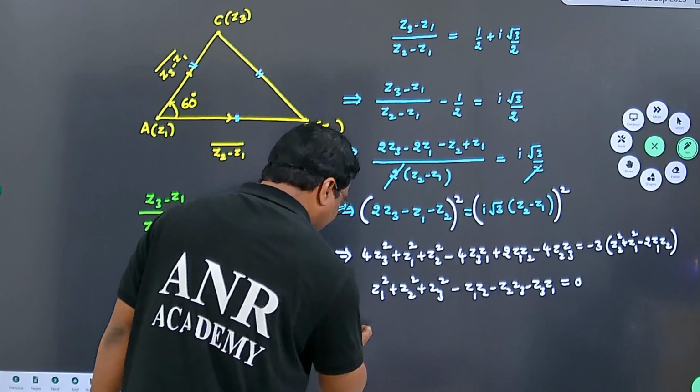So from this you can write Z1 square plus Z2 square plus Z3 square equal to Z1 Z2 plus Z2 Z3 plus Z3 Z1. So this is the first result.